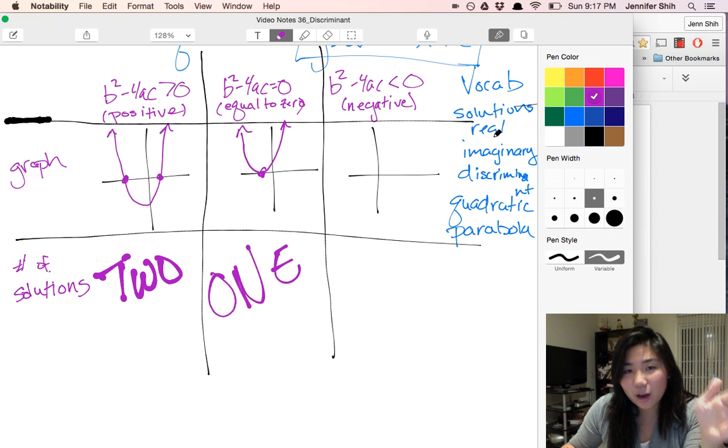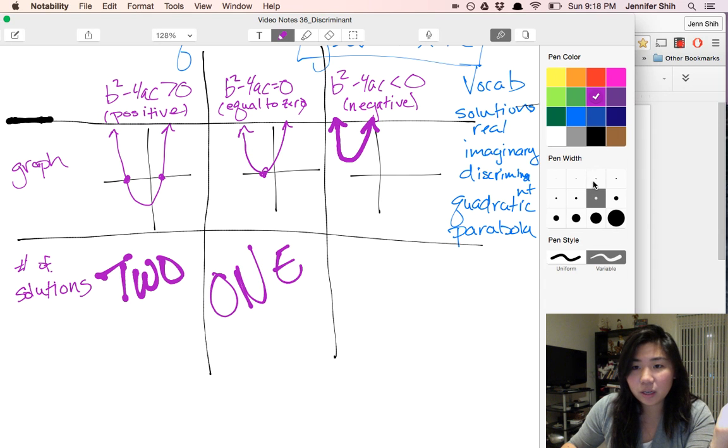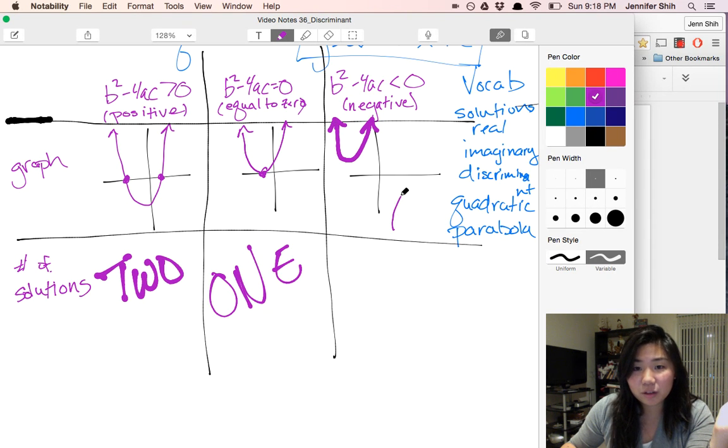Okay, now you can predict what our graph would look like if it had no real solutions. Our graph would either be up here, or maybe it would look like this. It would be concave down, but it would never touch the x-axis. So this would be no real solutions.